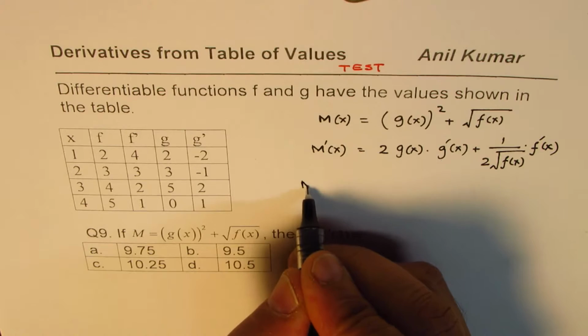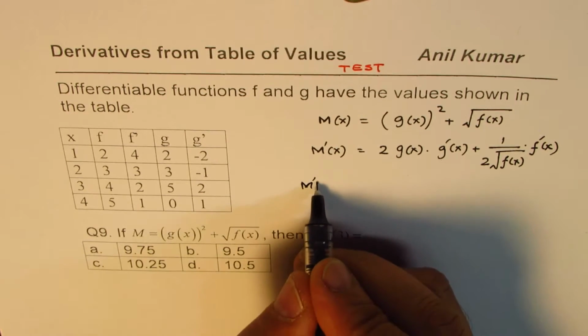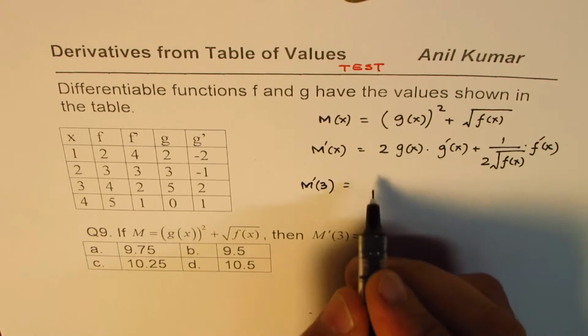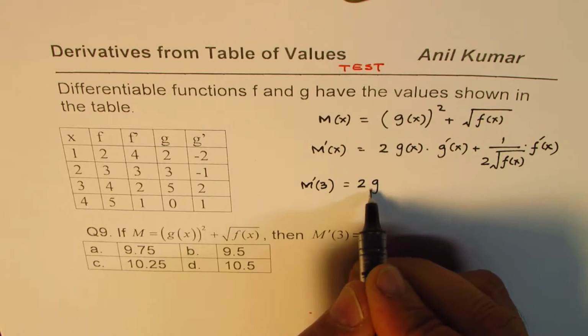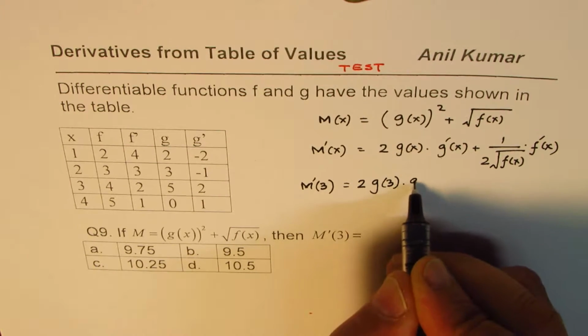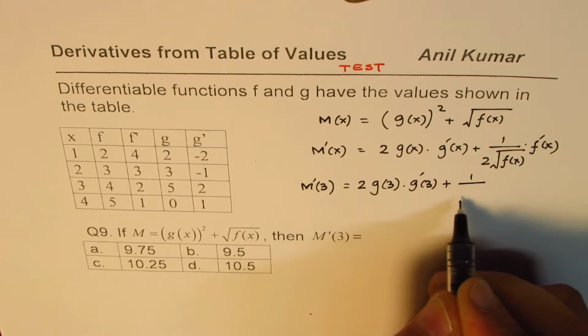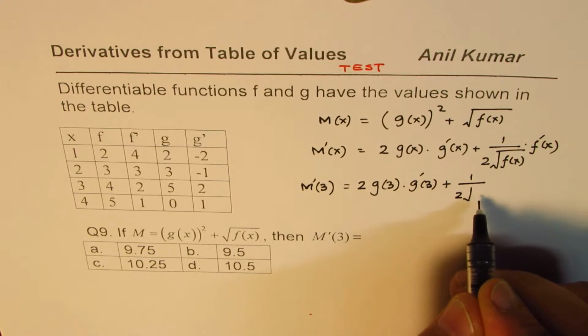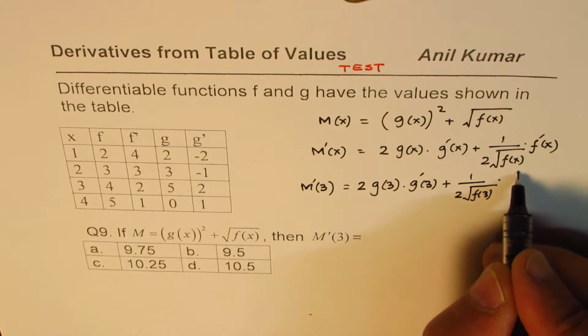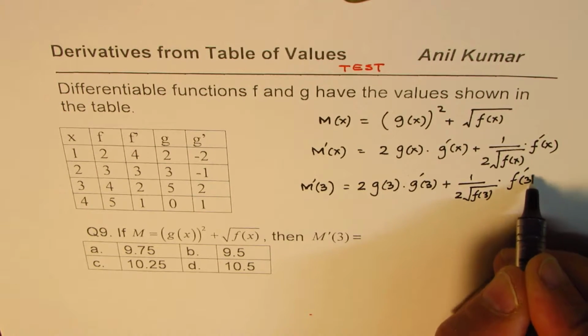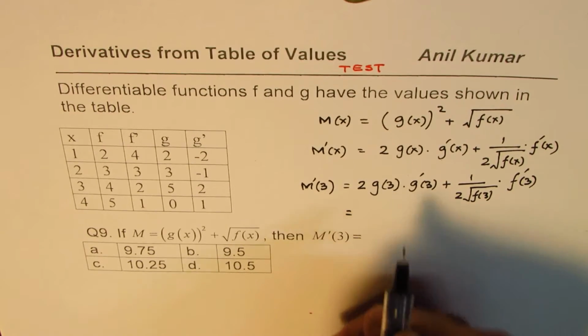Now we need to find 3, right? At x equals to 3, we could write this as 2 g of 3 times g prime of 3 plus 1 over 2 square root f of 3 times derivative of f at 3. Now you can read these values.